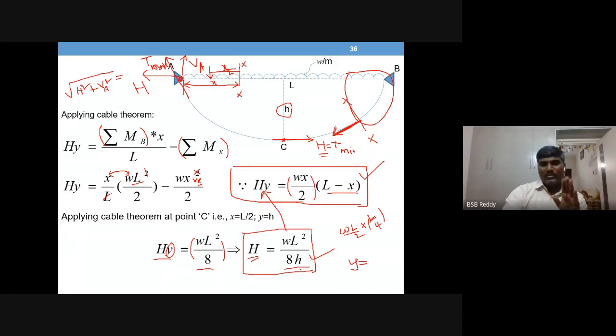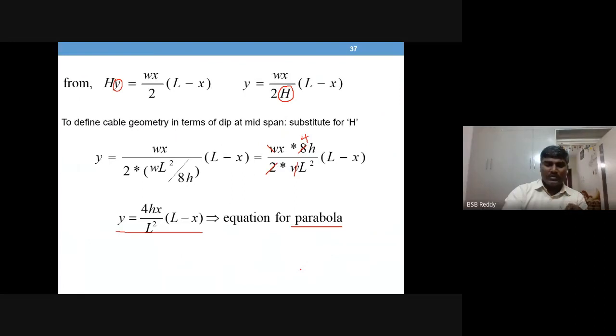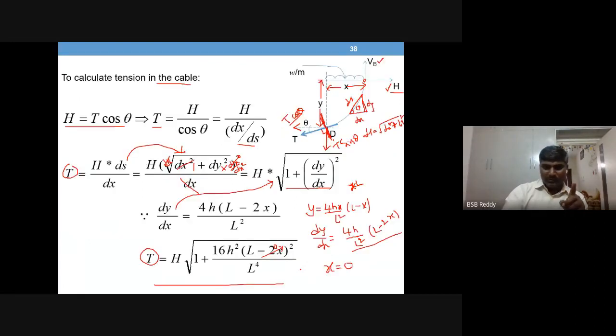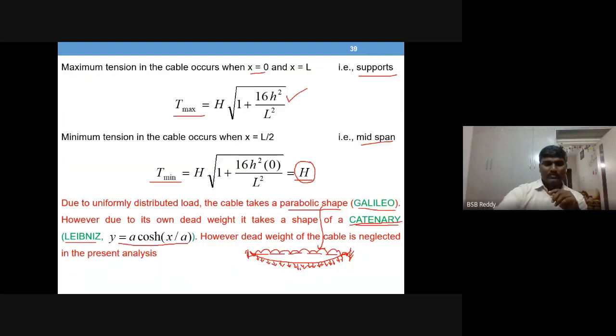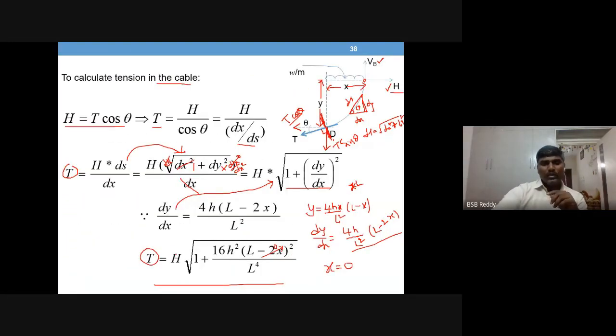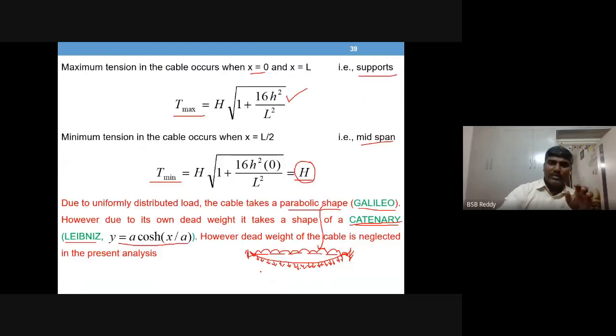So when a cable is subjected to UDL along the span, the deflected shape is a parabola, and the equation for tensile force is h into square root of 1 plus 16h square into (L minus 2x) whole square by L power 4. Maximum tensile force occurs at the supports, and the value is h into square root of 1 plus 16h square by L square, and minimum tensile force occurs at mid-span, which is equal to the horizontal reaction at the support.